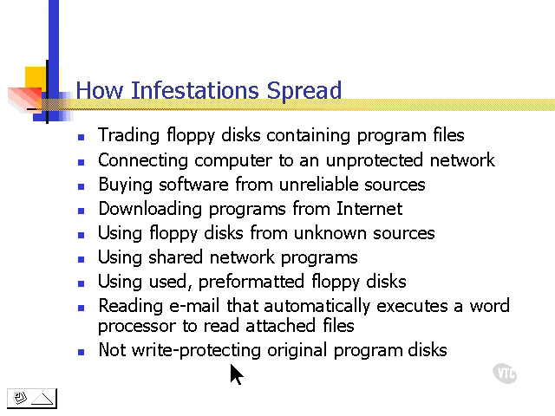So if we want to avoid viruses, we should avoid trading floppy disks containing program files, connecting a computer to an unprotected network, buying software from an unreliable source, downloading programs from the internet unless we have antivirus software working, using floppy disks from unknown sources, using shared network programs, using used pre-formatted floppy disks, reading email that automatically executes a word processor to read attached files.